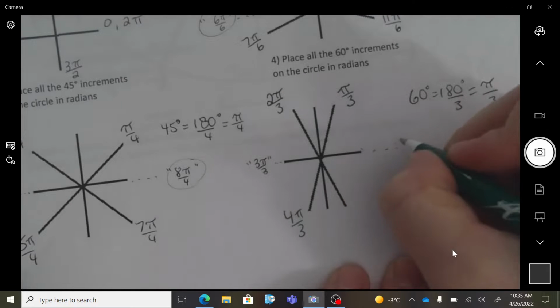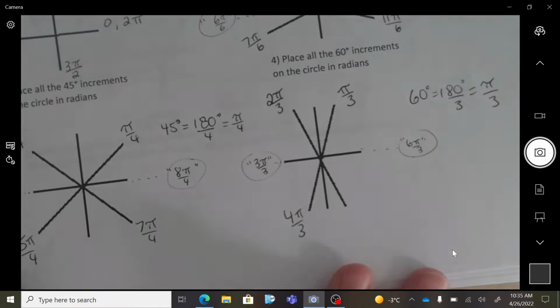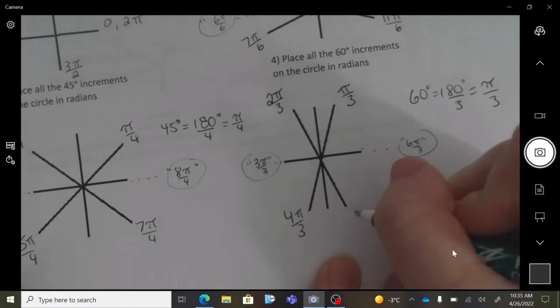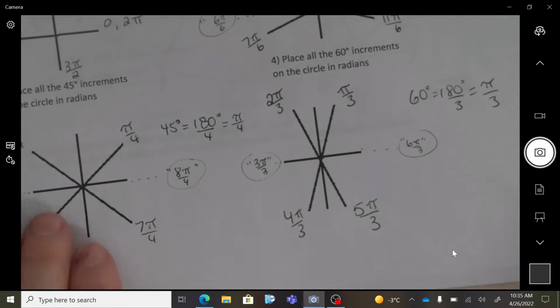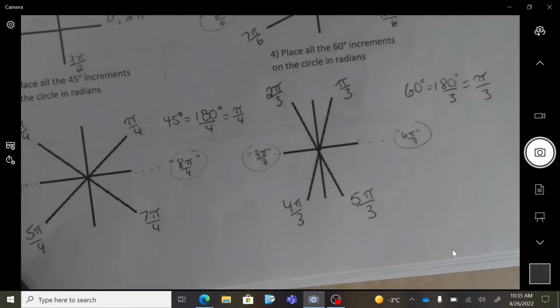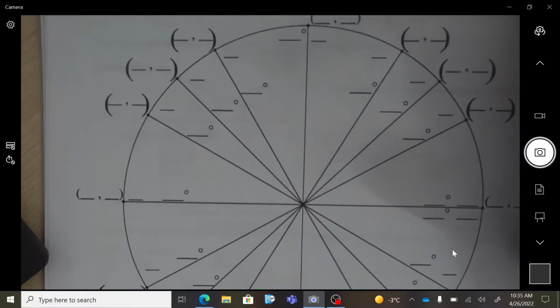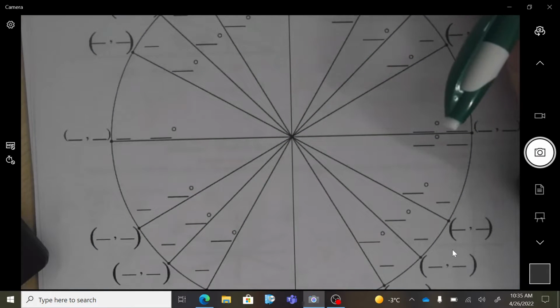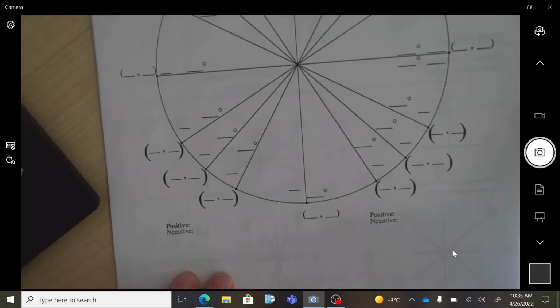And in my head, 2 pi is 6 pi over 3. So that's just in my head, and therefore if that's 6, this is 5 pi over 3. Okay, so it's creating the full unit circle.